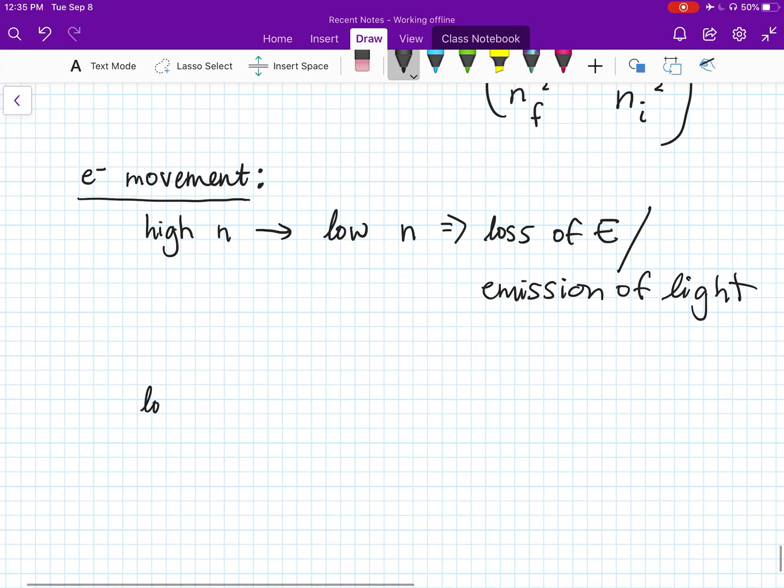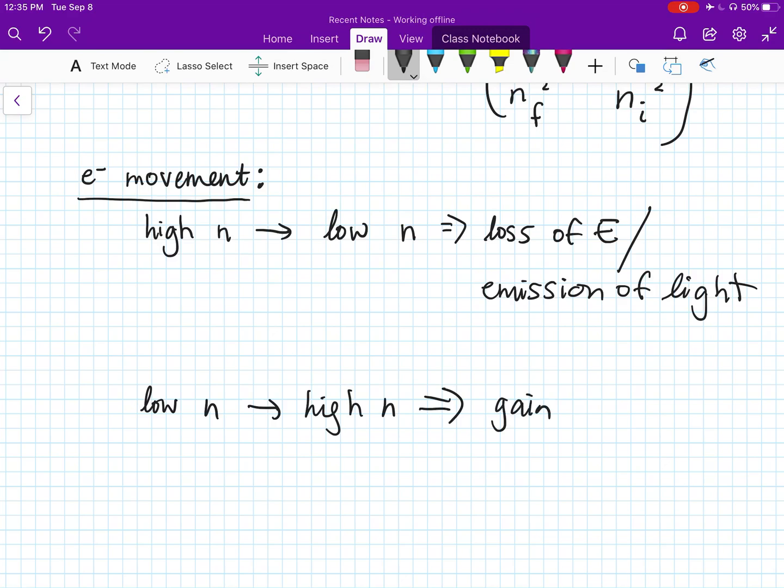And of course, conversely, whenever you go from a low N shell to a high N shell, the opposite is the case. You're gaining energy, and that corresponds to absorbing light, absorbing energy. And that would be a positive delta E.